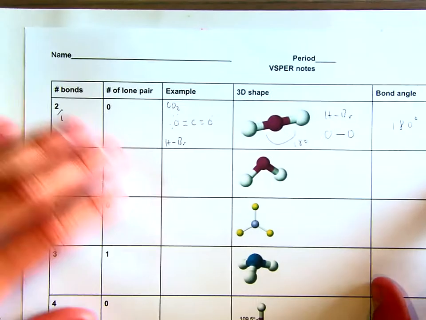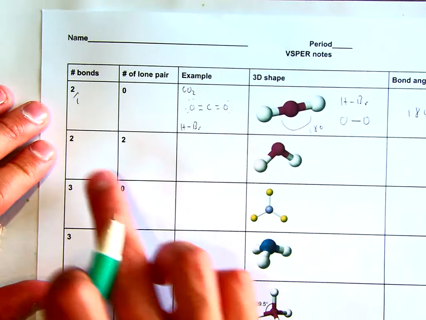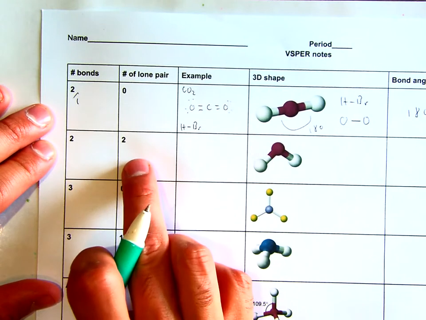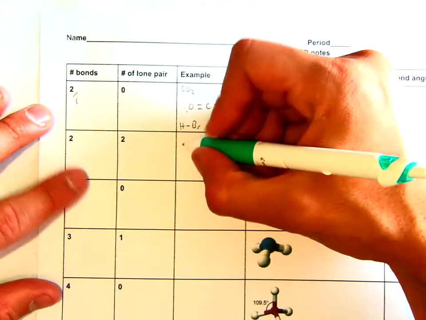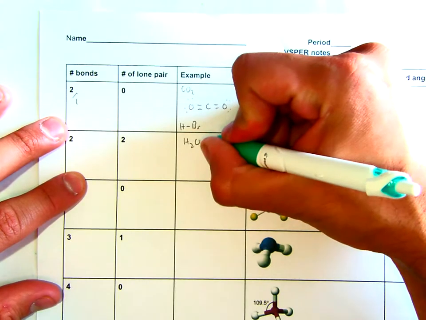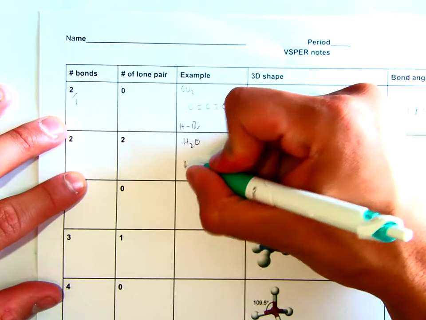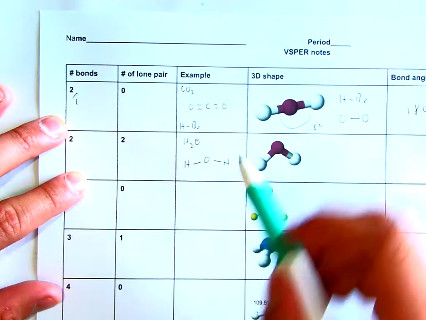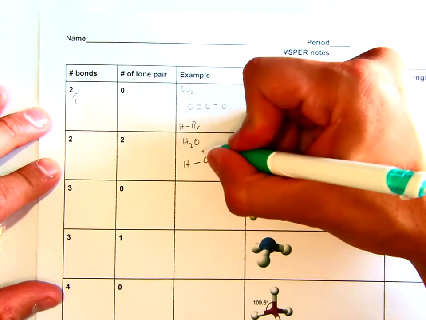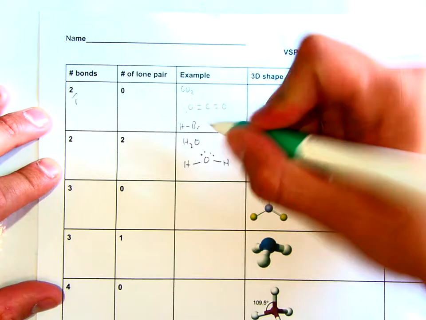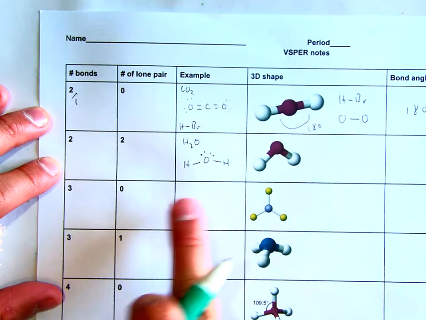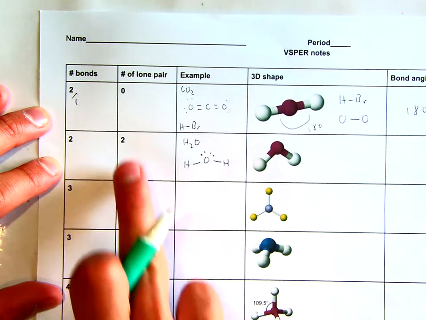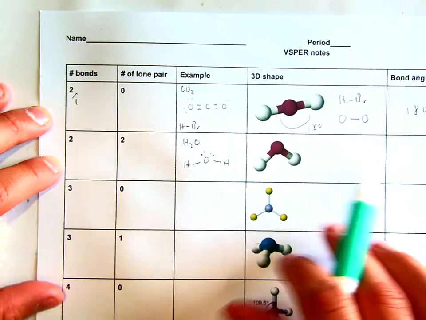Keep that in mind. Let's say I have 2 bonding regions and 2 lone pairs. An example of that would be water, H2O. H2O looks like this: H bonded to an O, bonded to an H. The oxygen has 2 lone pairs. So that's 1 bonding region, that's another, and 2 lone pair regions.